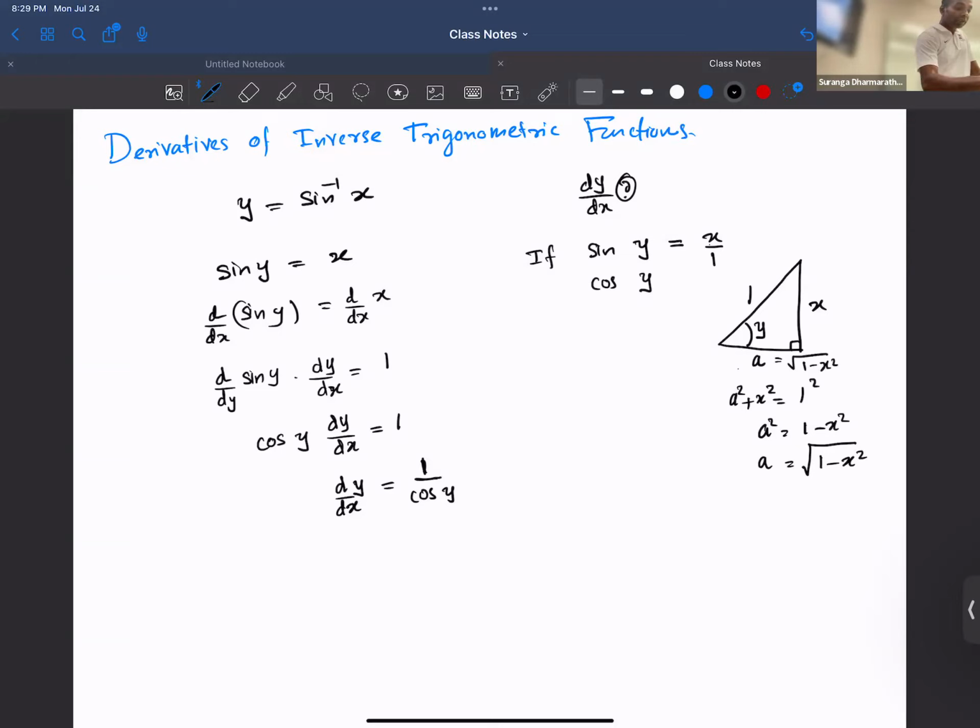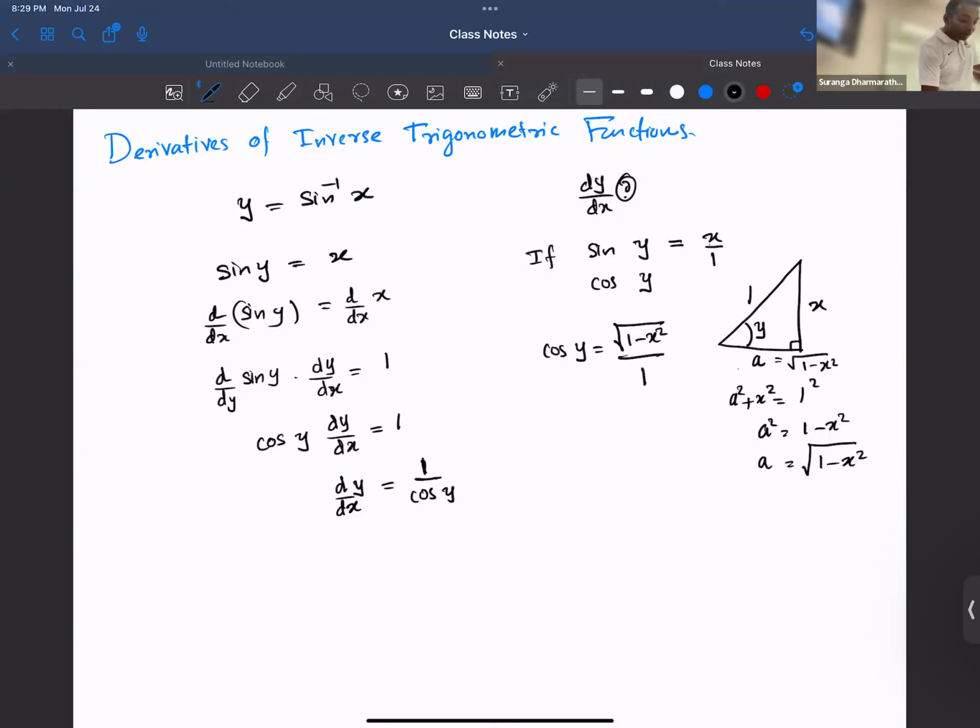So what is cosine y then? Cosine y by definition is adjacent side divided by hypotenuse, so it is square root of 1 minus x squared divided by 1.